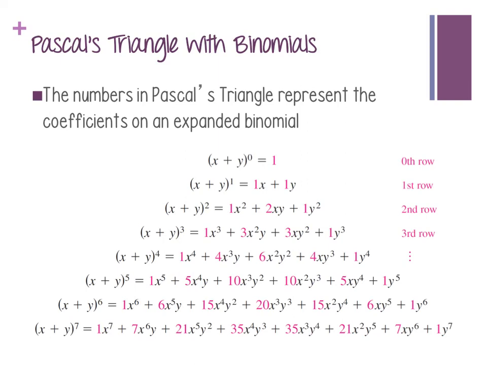This is the top one, and it just goes to the first, because anything raised to the 0 power is 1. If it's to the first power, then it's 1, 1, and you get the x and the y. Then it's 1, 2, 1, and then 1, 3, 3, 1. So all the spots in that Pascal's triangle are now the coefficients on these terms.